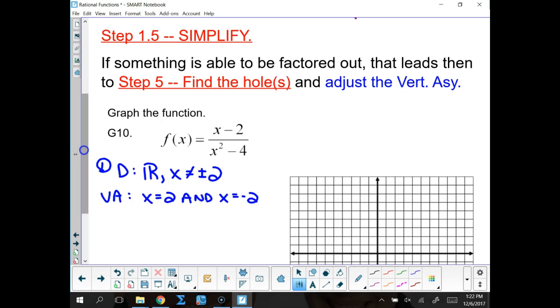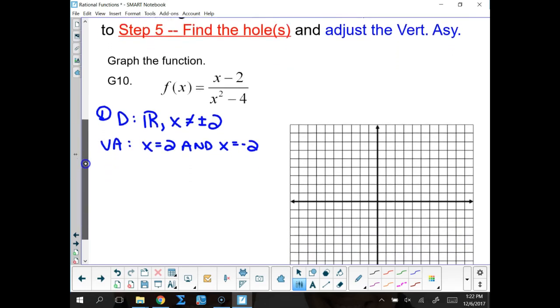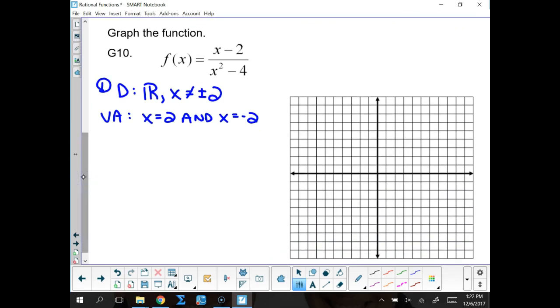Everybody agree with that so far? Okay. Now we have step 1.5. Step 1.5 says we are going to simplify my original function. Can I factor anything out of the top? No, so that's going to stay x minus 2.